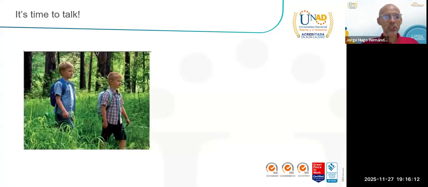Sometimes there are pictures where you can find a lot of things, a lot of people doing different things, a lot of objects, a lot of places, and you have the opportunity to talk a lot. But in this picture, this is very simple. There are not too many people, only two children, two young people, and a very simple landscape.